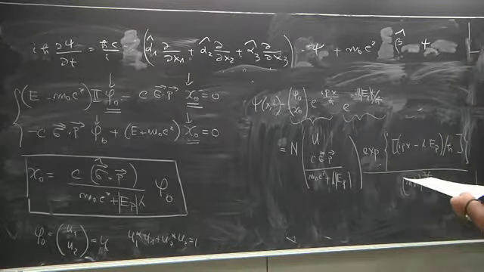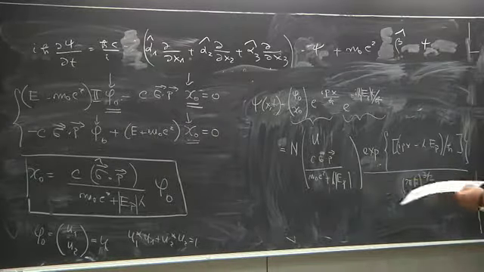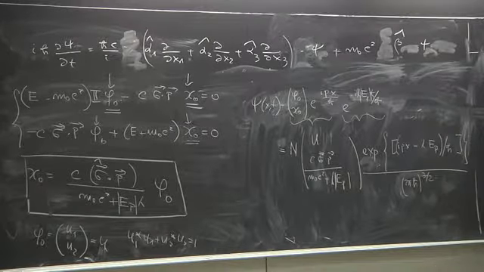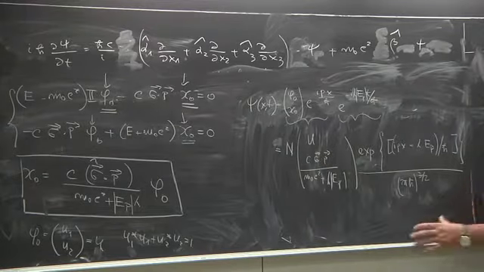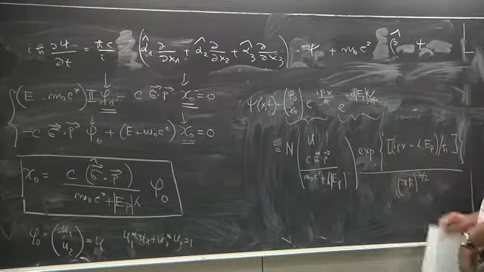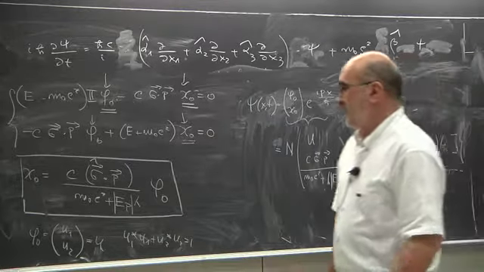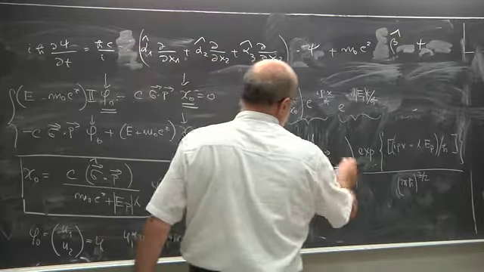It doesn't matter, I did not put it before, I can reabsorb it in that, but we prefer to keep it in this manner. So we have solved the free Dirac equation, and the solution is this. Sorry, here there is a u, because this is chi. The lower component is chi.